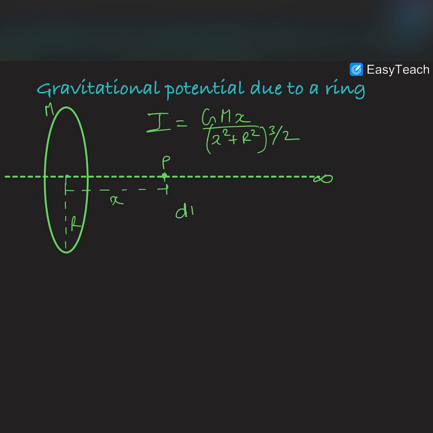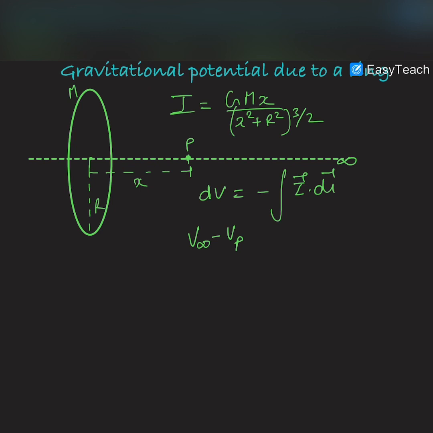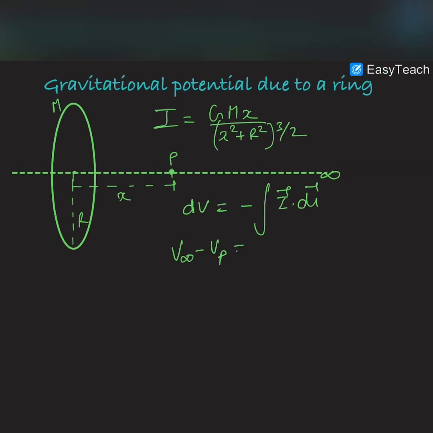So dV would be equal to minus of integration I dot dr, and dV will be the final potential minus initial potential, and this would be equal to minus of I, which is in the backward direction like that, and dr is in the forward direction.